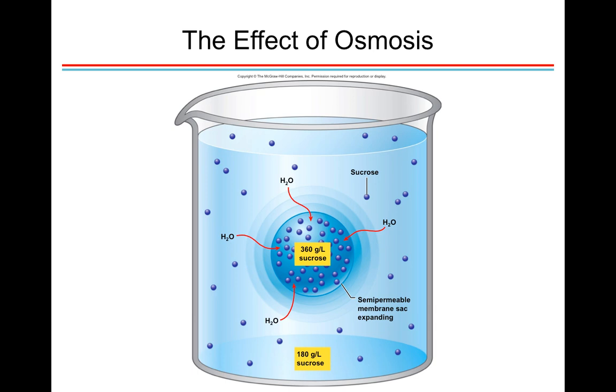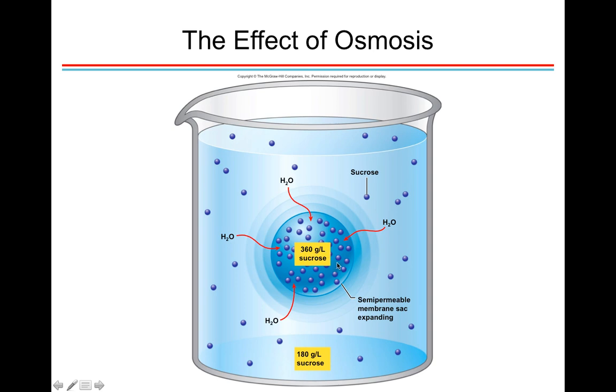So when I look at this picture, it reminds me of some phrases that we've all heard of in other bio classes. And the terms I'm thinking of are hypertonic, hypotonic, and isotonic. So when you look at this picture, as shown now, you see that the sucrose balloon is hypertonic compared to the water in the beaker, right?